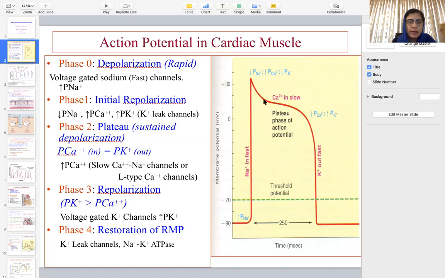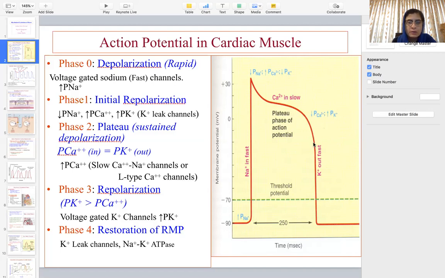Then soon after that, the slow long lasting calcium channels will open, in which an equal amount of potassium ion is going out and an equal amount of calcium is coming in, which leads to the plateau phase, which is phase 2.